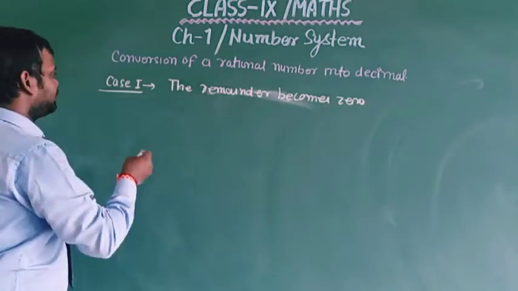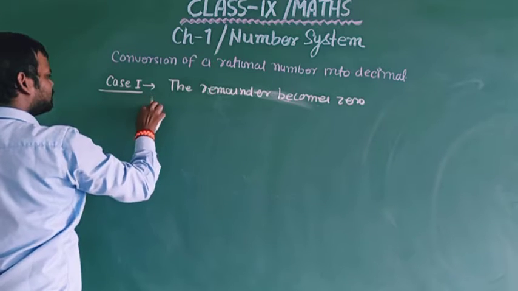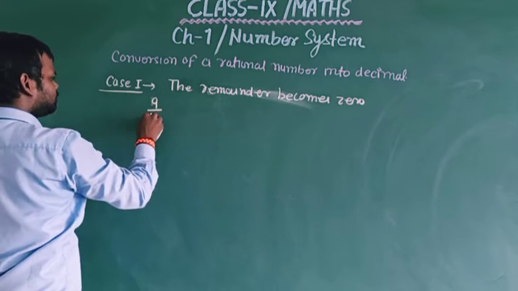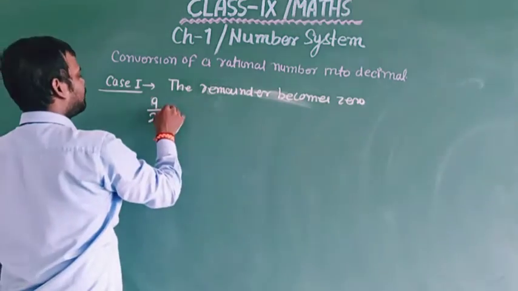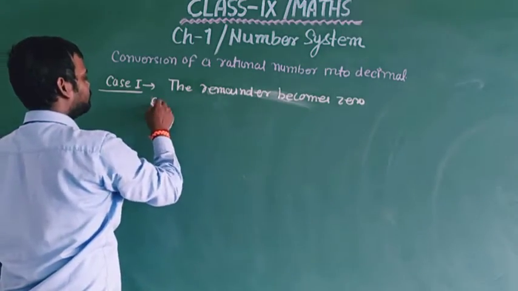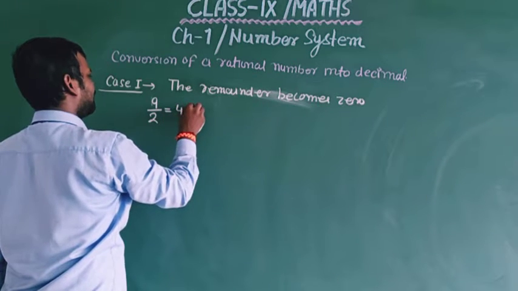Let us take an example. This is 9 by 2. After performing division, we will get the quotient 4.5.